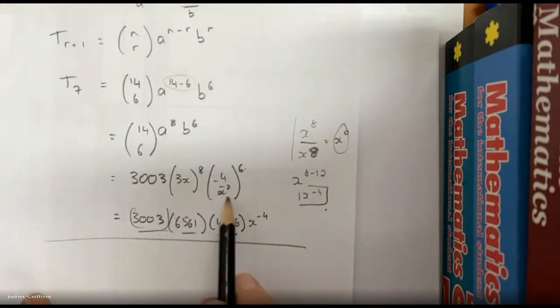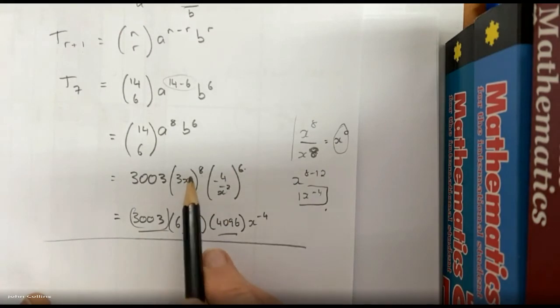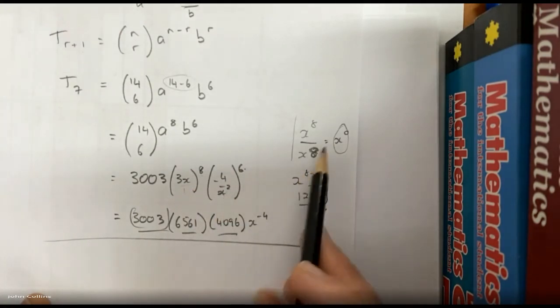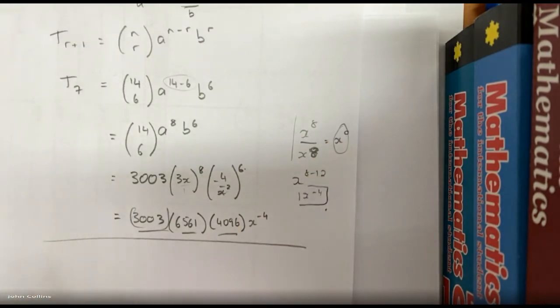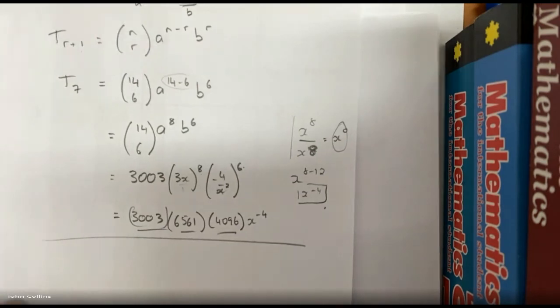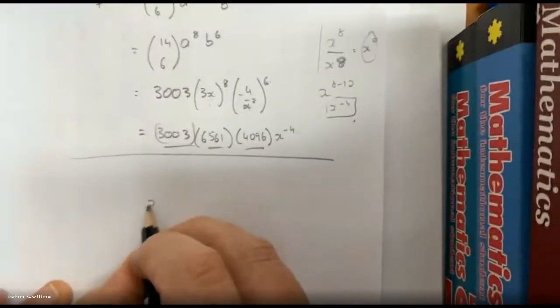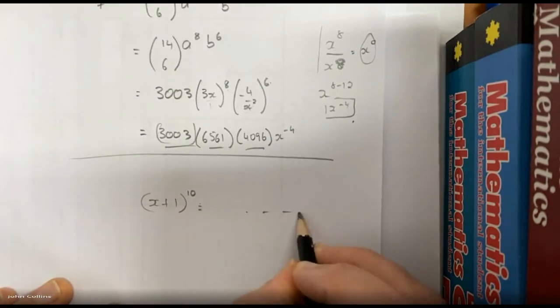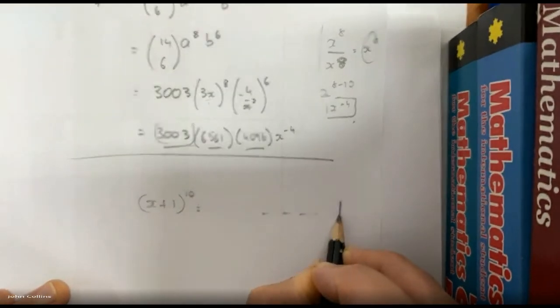So when we have these fraction type ones, where there is an x above in the numerator and an x in the denominator, eventually they'll make a constant term somewhere in the middle of the expansion and not just at the end. Usually in an expansion, if we've x plus 1 to the power of 10, I know that the last term is going to be 1. That's the constant.